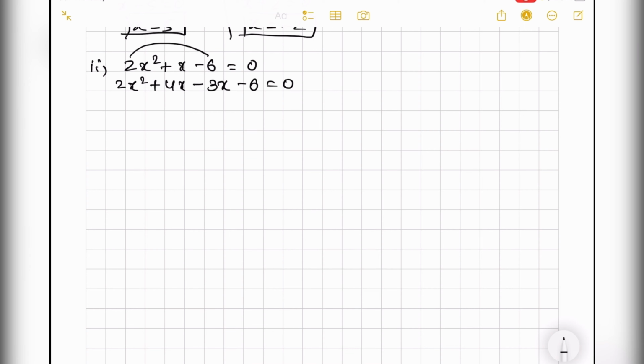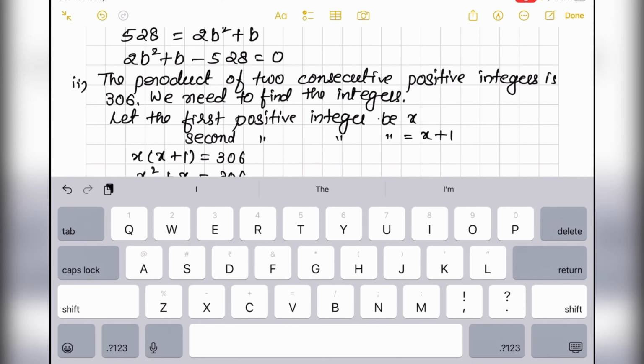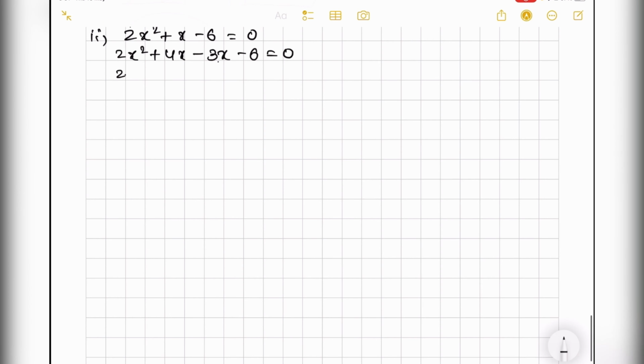Now if you see, 4x minus 3x will be plus x, and 4x into minus 3x will be minus 12x. I will take 2x common, so x plus 2. From the second two I am taking minus 3, so x plus 2 equal to 0.